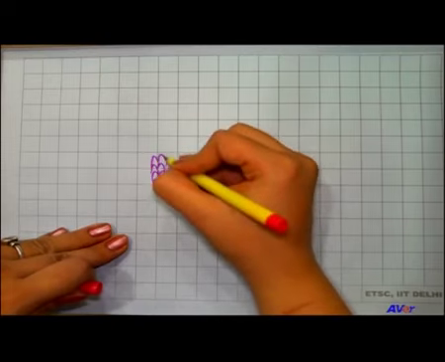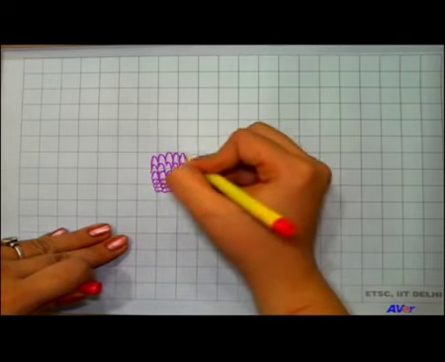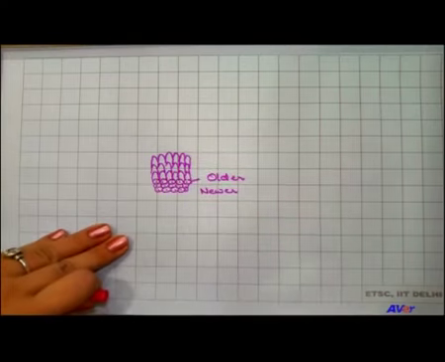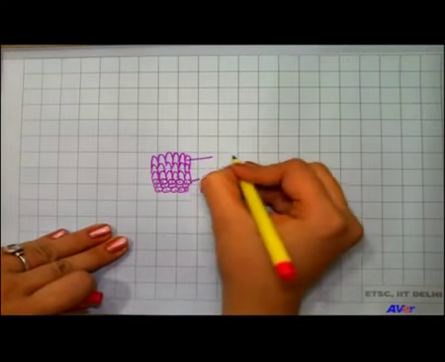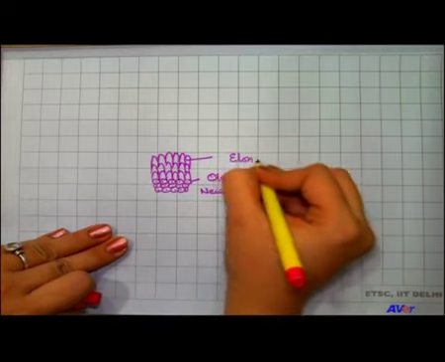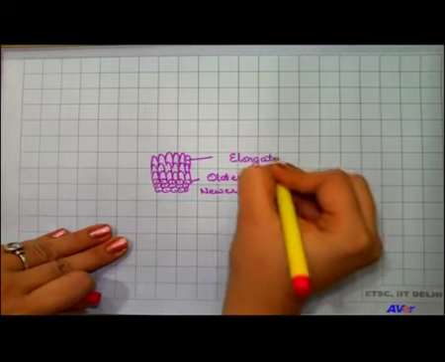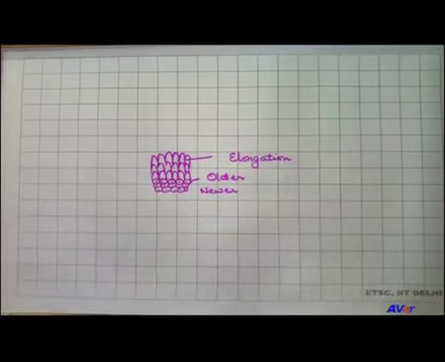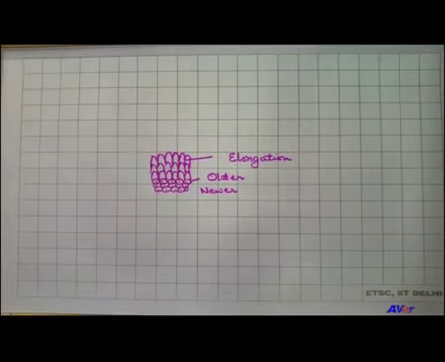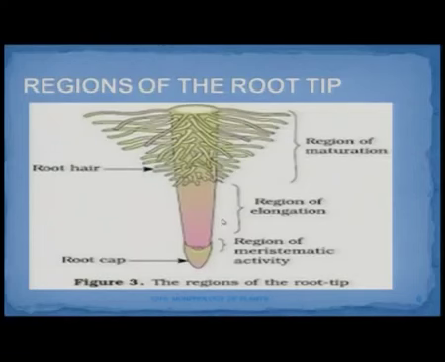This is where actual elongation or gain of length takes place. This is the zone of elongation. So, this region of elongation helps in the gain of length of the root tip.